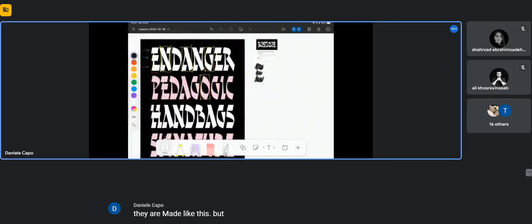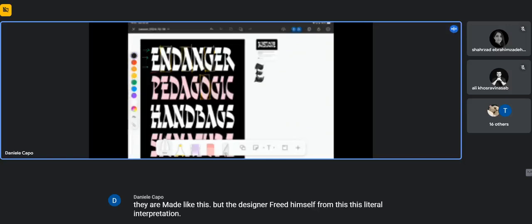But the designer freed himself from this literal interpretation and transformed the letters in stronger shapes.